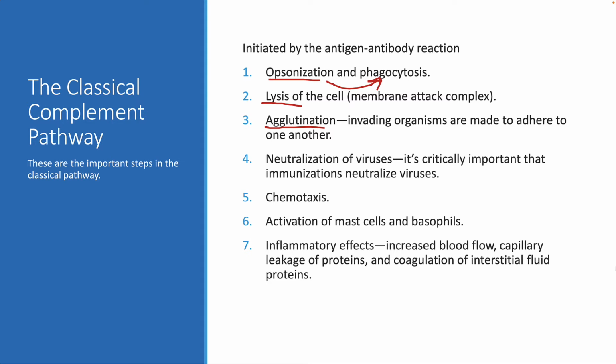And that process of agglutination is accomplished through the complement pathway as well. All right, this one is really, really important. Neutralization of viruses. So one of the reasons that the COVID-19 vaccine worked early on better than it works now for preventing any disease is that the COVID-19 vaccine was more effective as a neutralizer.